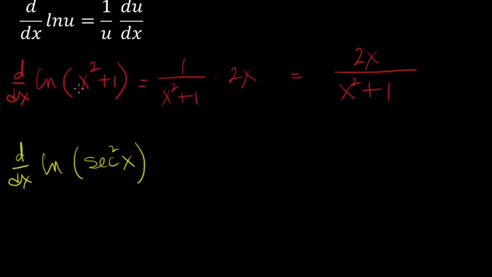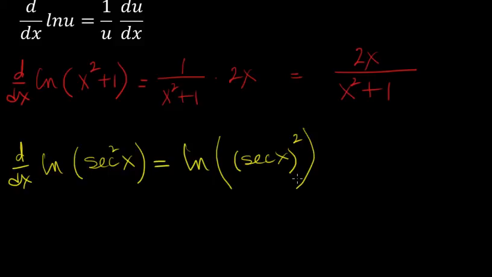So we might even want to write it that way, and then you put it on pause and see if you can do it, just using the chain rule twice. This is the natural log of the secant of x squared. So we have a nesting of functions here. The outside function is the natural log. The next one in is the squaring function, and the inside function is secant x.